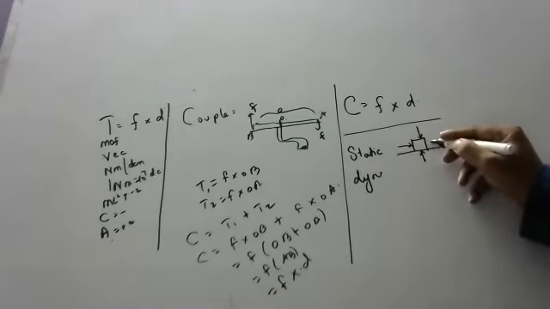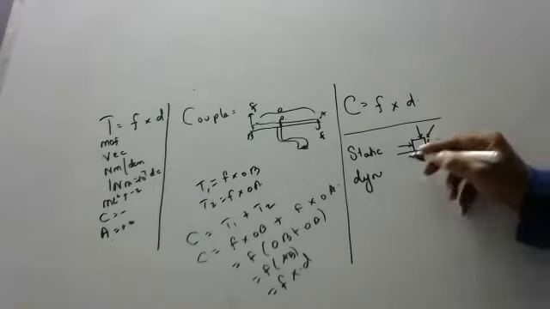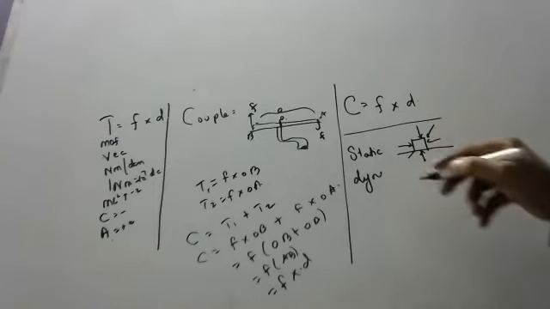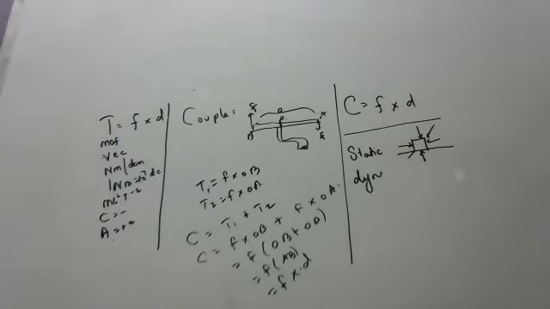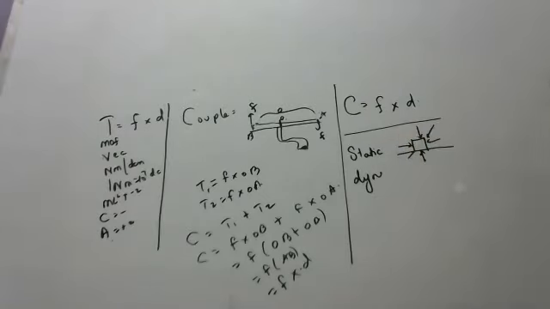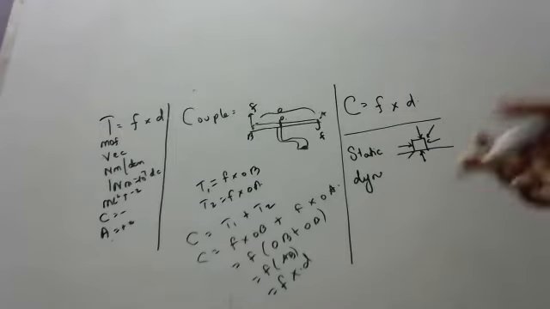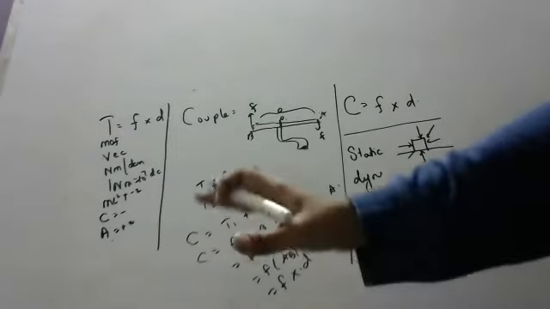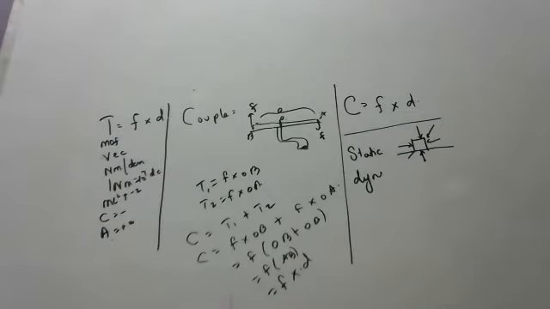So many forces cancel each other, and overall it remains at rest. That is static equilibrium, like a book on the table, a stone on the ground, anything.